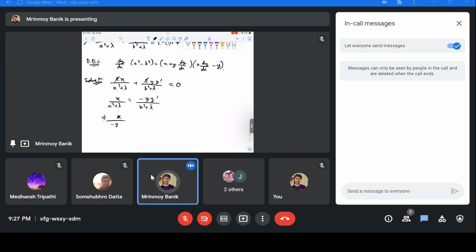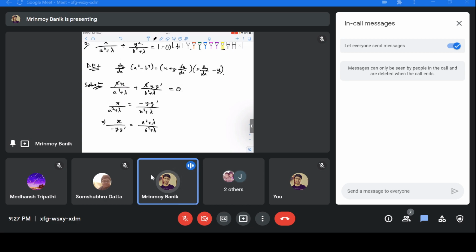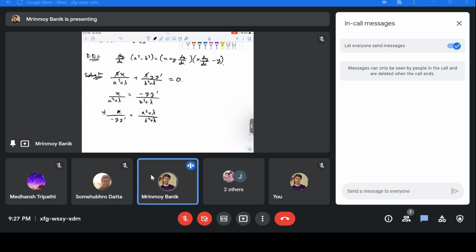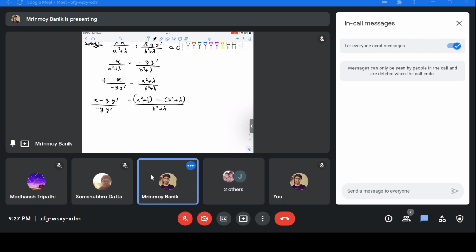It is x by y minus y dashed equals a squared plus lambda by b squared plus lambda. So we need to get a squared minus b squared somehow. So let's apply componendo dividendo.